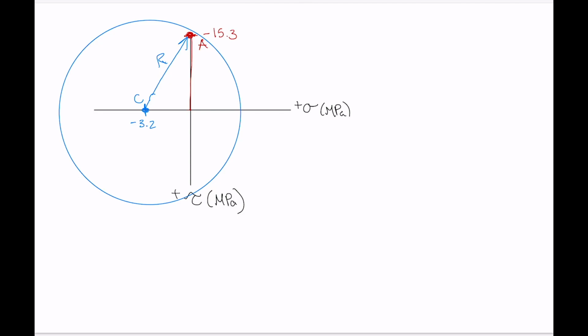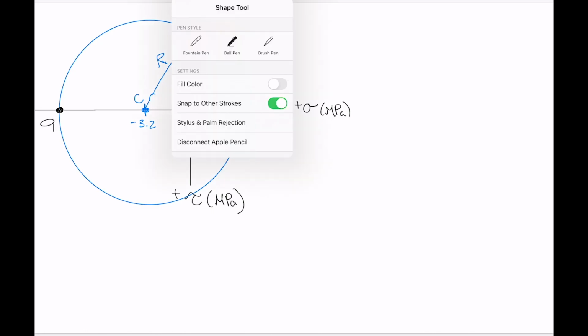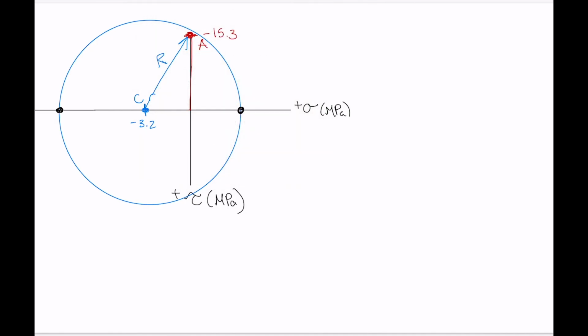So we've got one of our principal stresses here and the other one over here, where the circle intersects the normal stress axis. The larger of the two absolute values is the first principal stress, sigma 1. And the smaller is sigma 2.